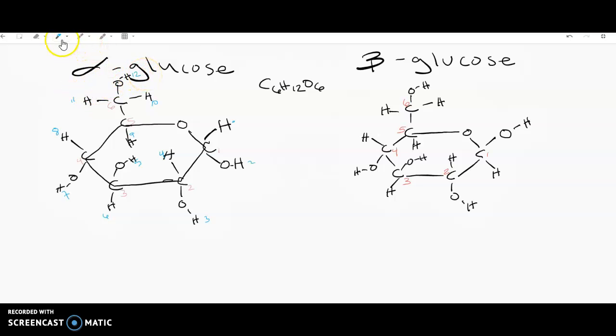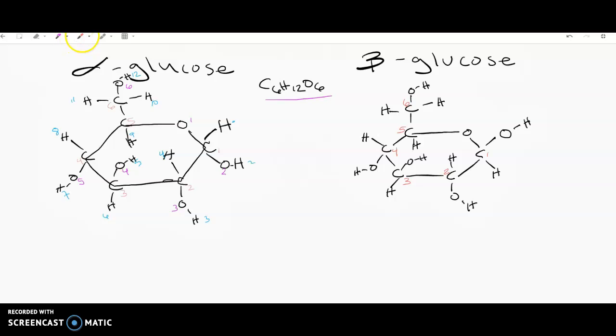And then we can count our oxygens. There's 1 in the ring, 2, 3, 4, 5, 6. All the other oxygens are in our hydroxyl groups. And so we've completed the C6H12O6 in both an alpha glucose form and a beta glucose form.